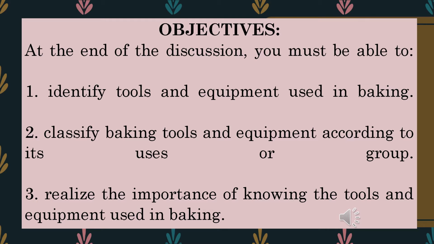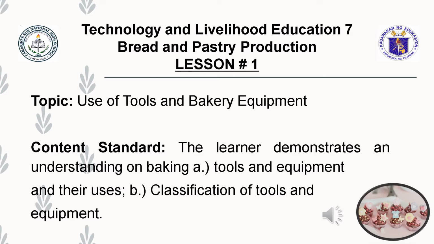Number 2, classify baking tools and equipment according to its uses or group. And number 3, realize the importance of knowing the tools and equipment used in baking. The topic of Lesson 1 is all about the use of tools and bakery equipment.